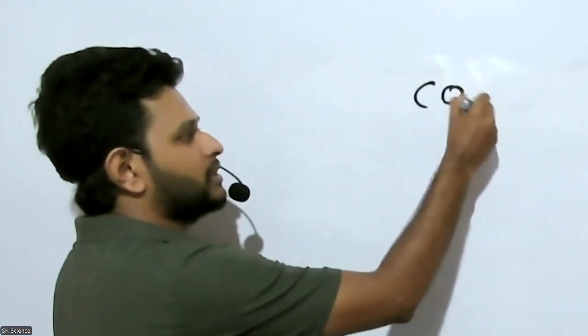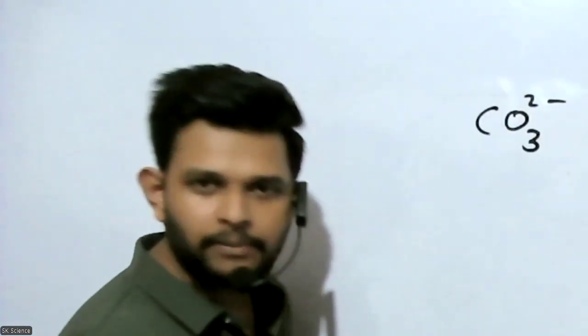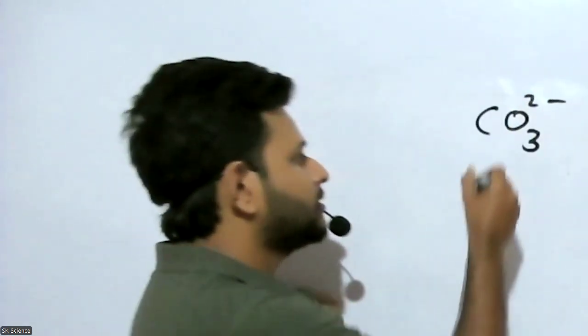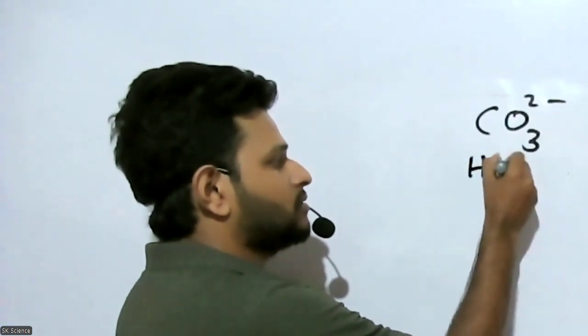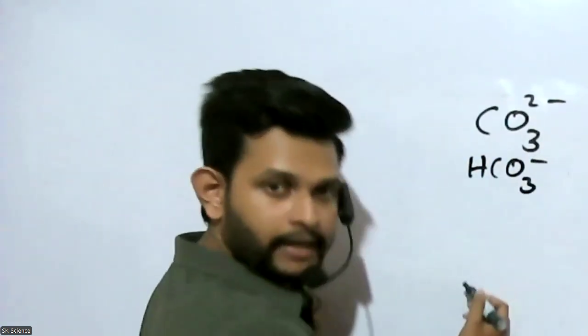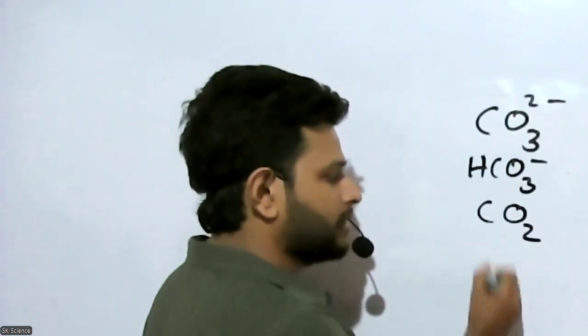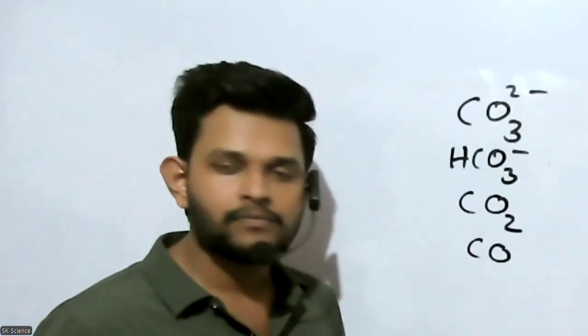But you should remember that there are some compounds with carbon that are included in the inorganic section. As an example, CO3 2 minus, that means carbonate, and HCO3 minus, bicarbonate, carbon dioxide, and carbon monoxide.